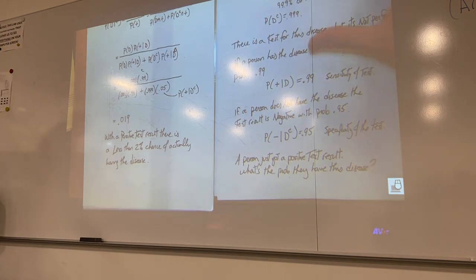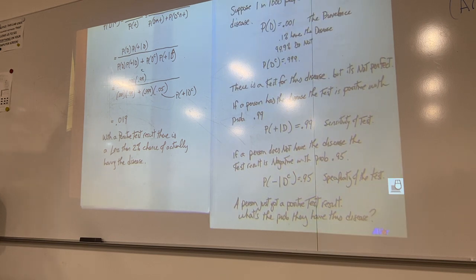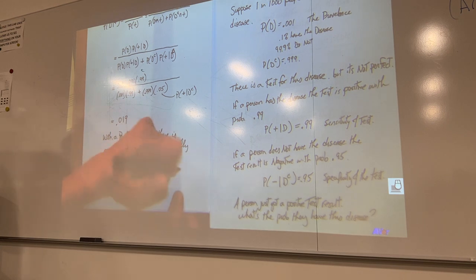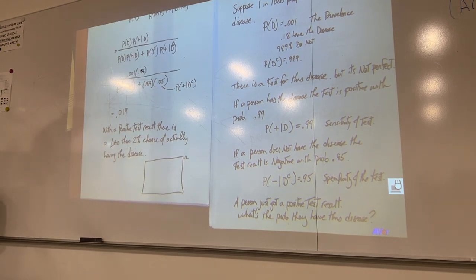The issue is that this is a very rare event. Only 1 in 1,000, right? And so, if I think about all the people in here, there's my whole population, right? How big a space should I build in there for those who have the disease?